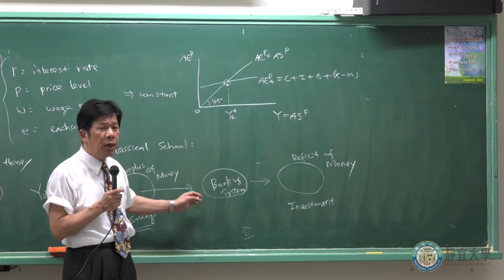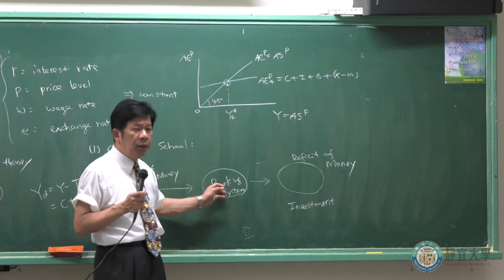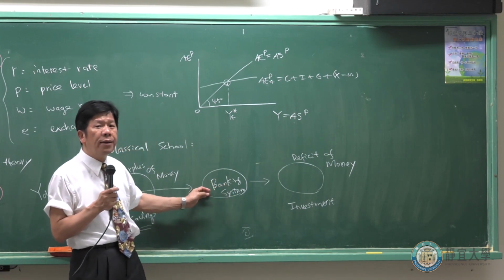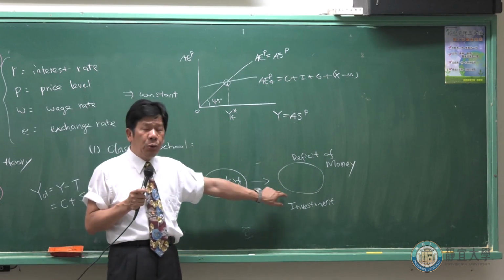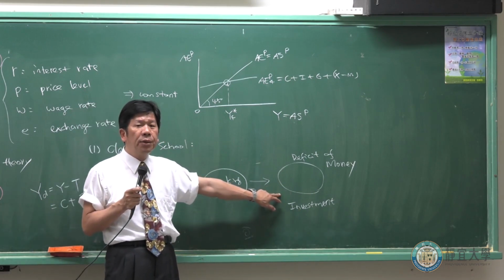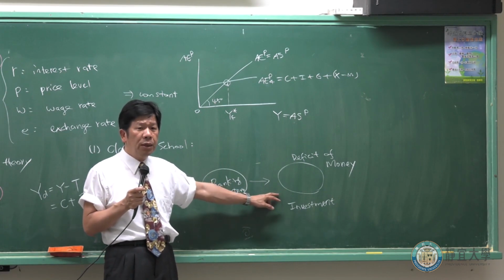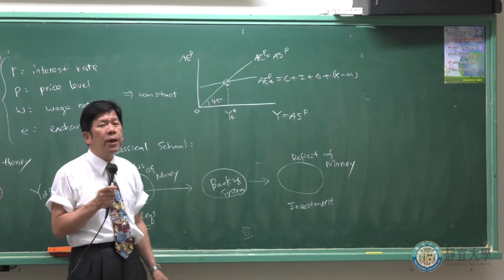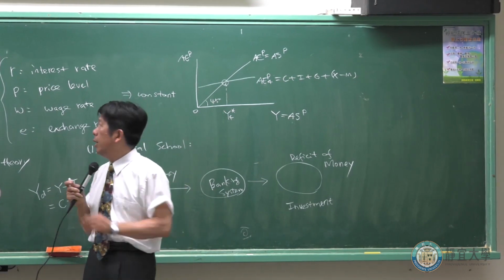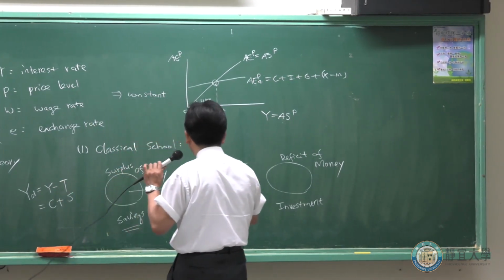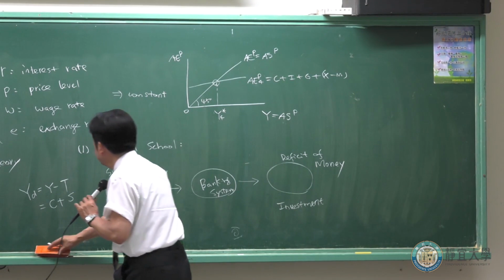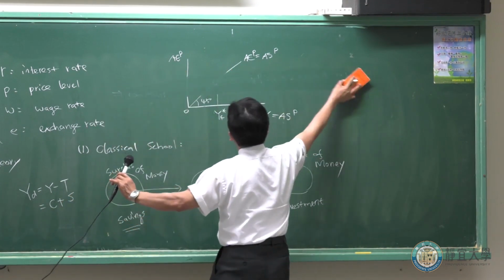So the banking system will lend the money to someone because they are interested in doing some investment. And after that, how to make this decision? In the classical school, they just try to consider.